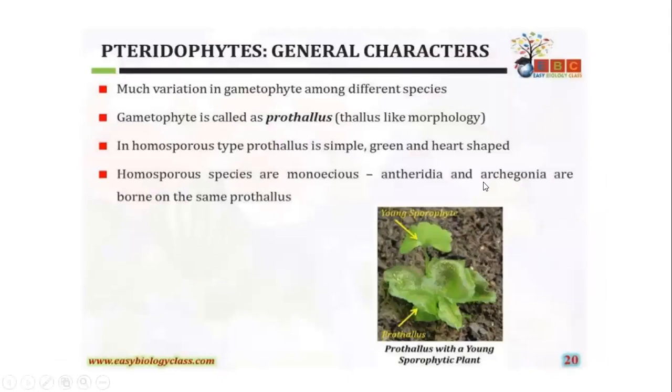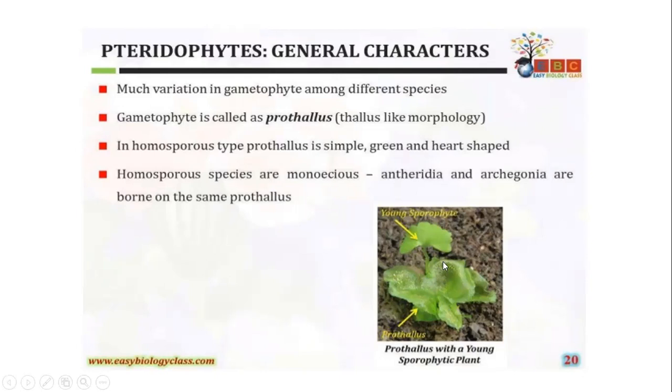Now what is happening here? After the spores are liberated, that is, released from the sporangia or from the strobilus, when they fall on a suitable substratum, the spore will undergo germination and produce another generation called the gametophyte. And the younger gametophyte, you can look at this. This is a younger gametophyte of the pteridophytic plant, which is a thalloid plant body.